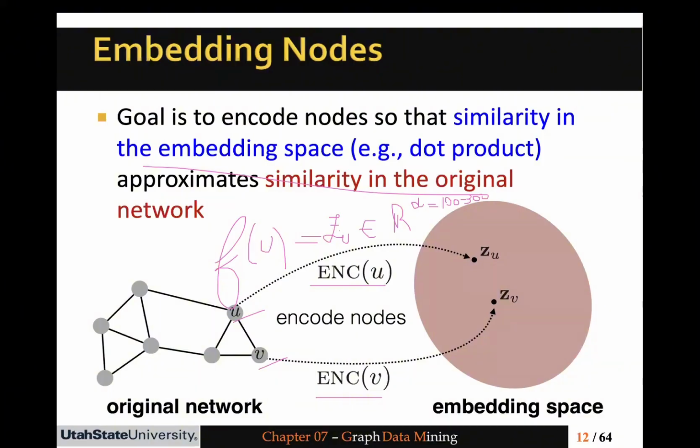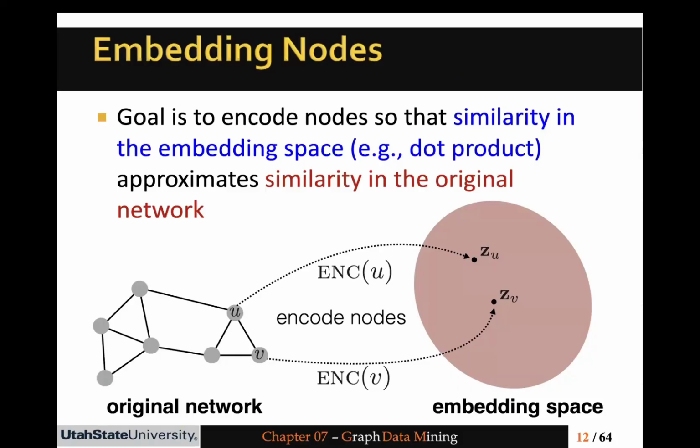If you also project them in 2D or 3D, the idea again is that if I know the encoding of u and the encoding of v, and as a matter of fact all the other encodings in the graph, then I'm able to do any task that I want.